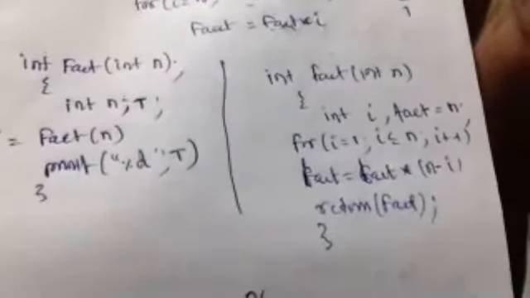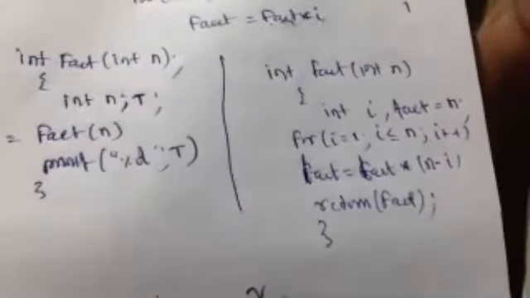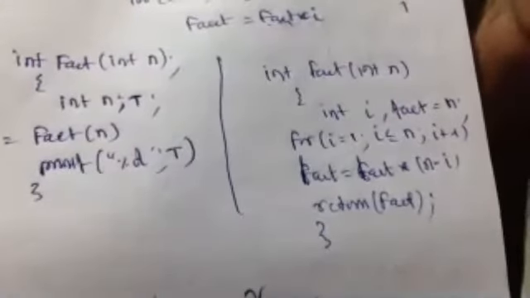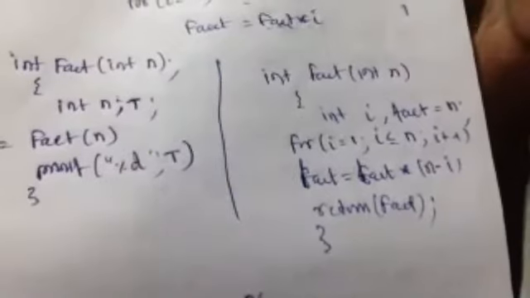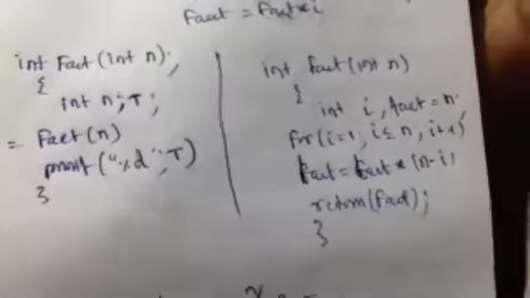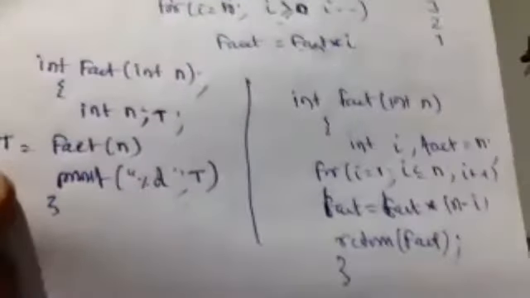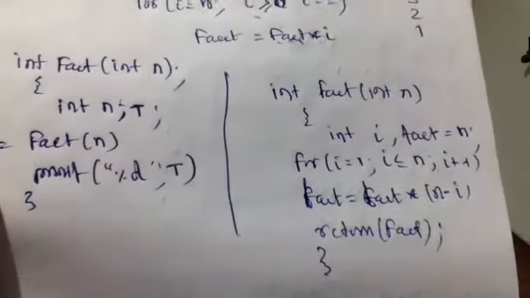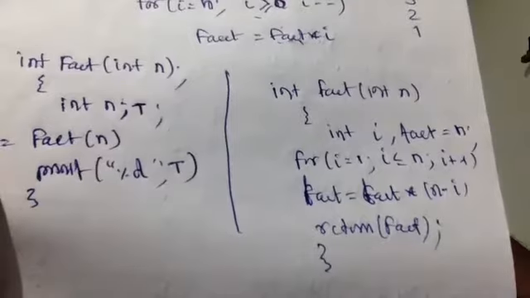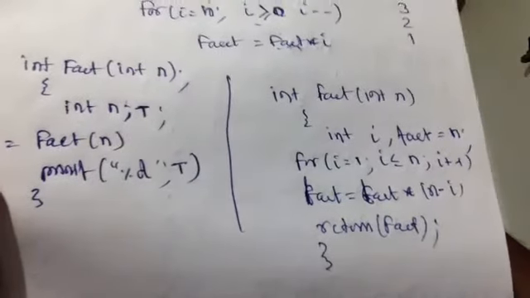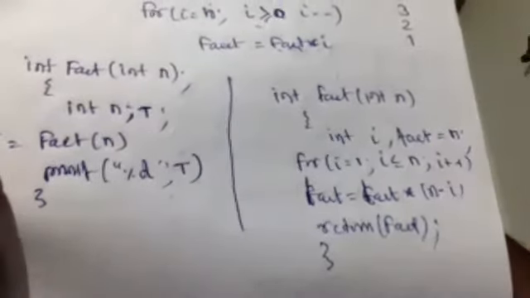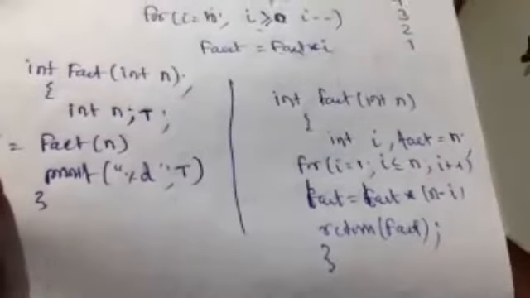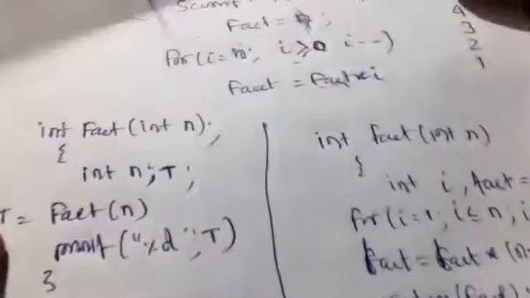Is it visible? This program was given in the last class, is it not? So here you see, with argument, with return.